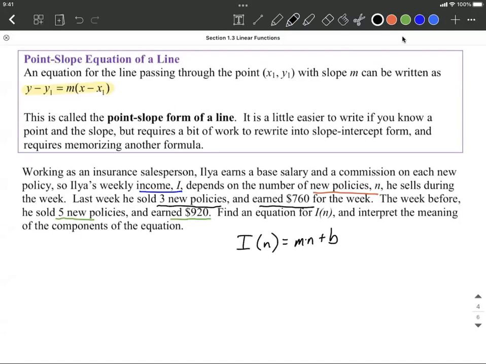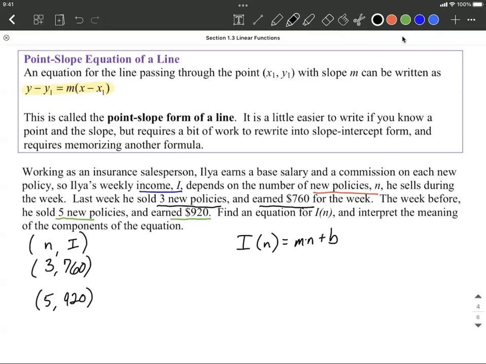So we have a couple ordered pairs given to us, believe it or not. We have an input value of n and an output value of an income. So a number of new policies, 3, corresponded with $760 for an income, and 5 new policies corresponded with $920 for an income.